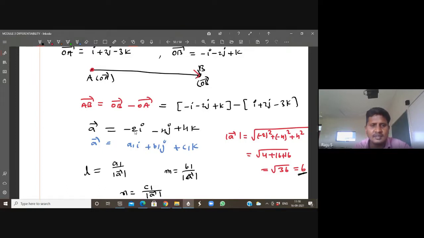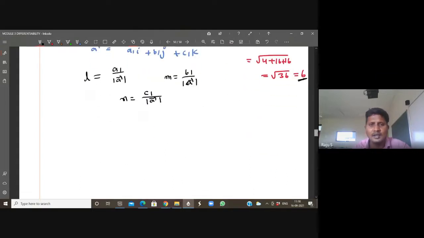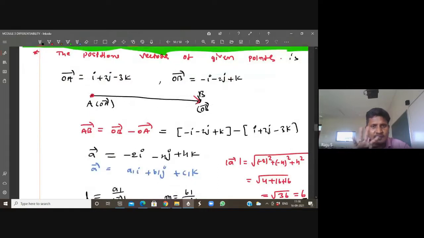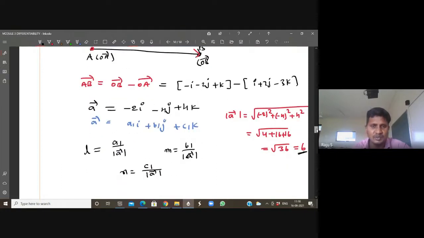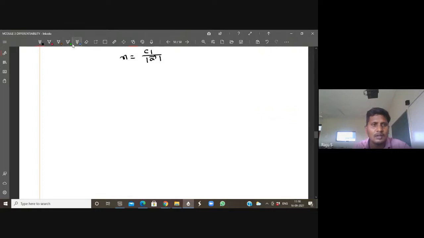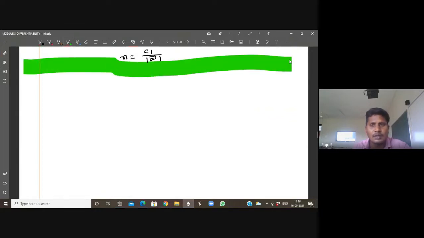Magnitude of A is 6, and a1 is -2, b1 is -4, c1 is 4. You can substitute and you'll get the direction cosines. So when they have given two points, with the help of the two points, first you have to find the vector from A to B, with the help of the position vectors. Now, next question.